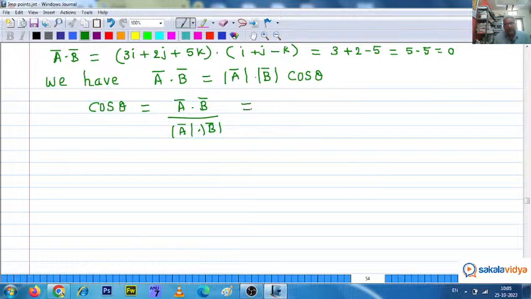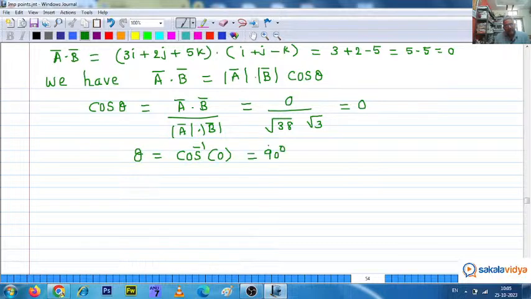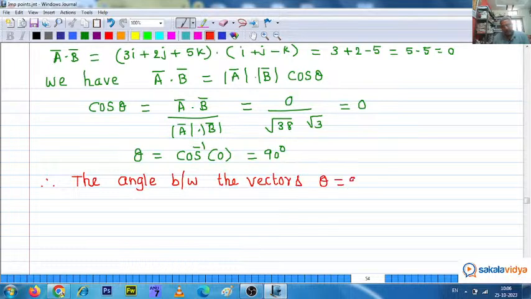Otherwise you can substitute here: a dot b is 0 by mod a, which is root 38, times mod b, which is root 3. 0 by something is 0. So theta is equal to cos inverse 0, that means 90 degrees. Therefore the angle between the vectors, theta, is equal to 90 degrees.